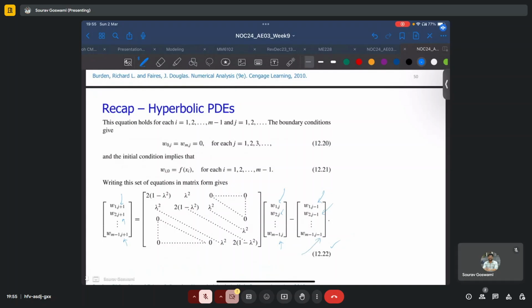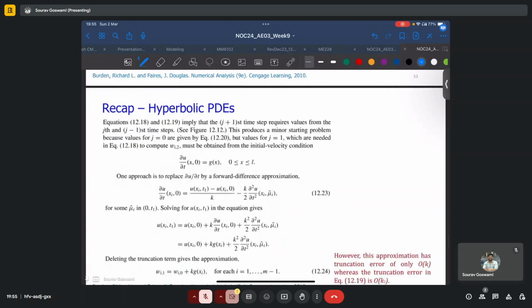The initial condition will give us information at t equal to 0, but is it really physically reasonable to have information about the time step minus 1? No, and in fact that is obtained from that initial velocity condition that we had. So equations 12.18 and 12.19 imply that the j plus 1 time step requires values from the jth and j minus 1th time step.